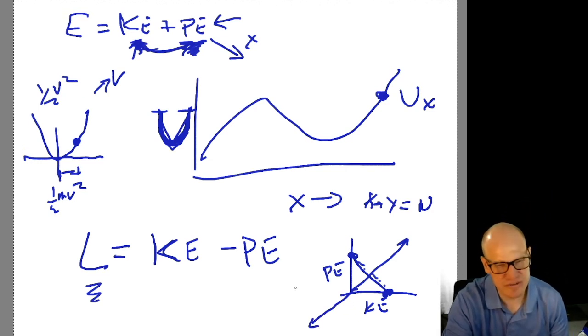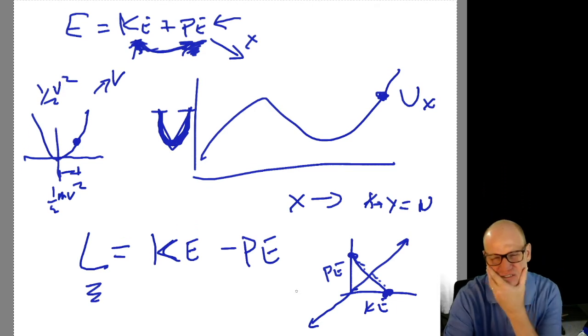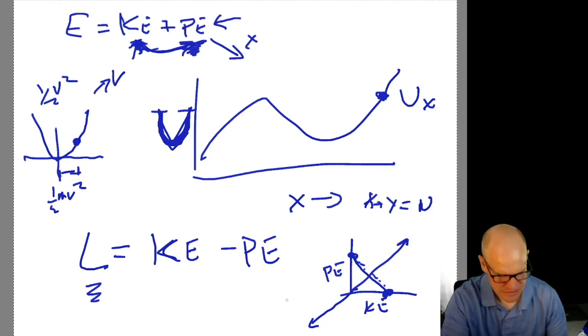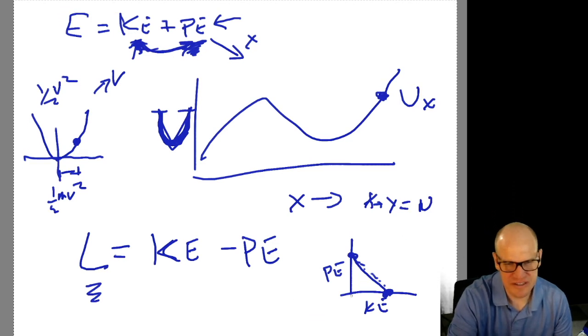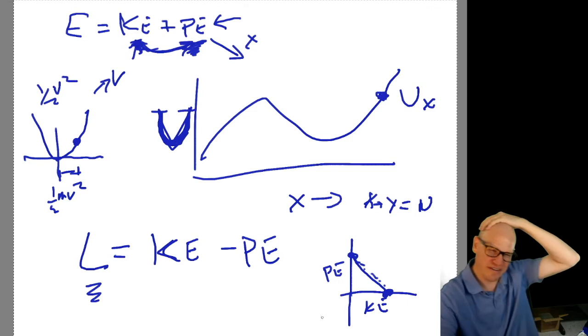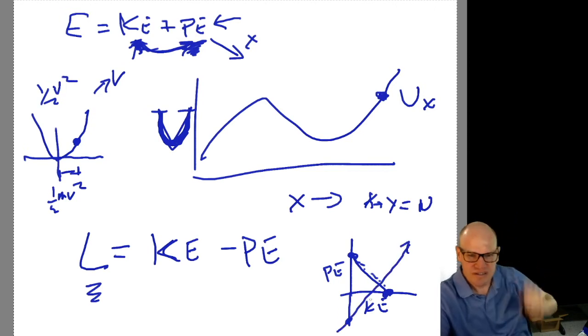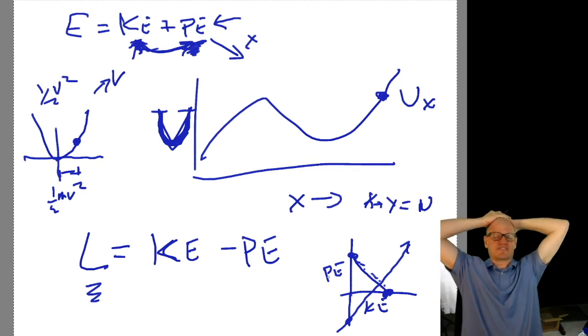Let's see, did I do this the right direction? It's got to be right. Kinetic energy minus potential energy. So it's going to be like this. I've got to draw this: slope 1, intercept down here at negative this. So if you have more potential energy, then wait a minute, what's going on here?